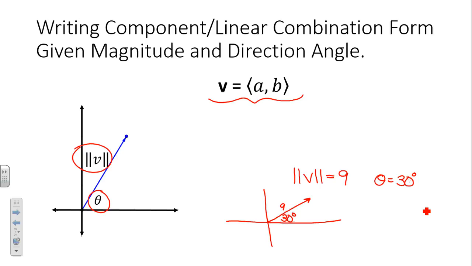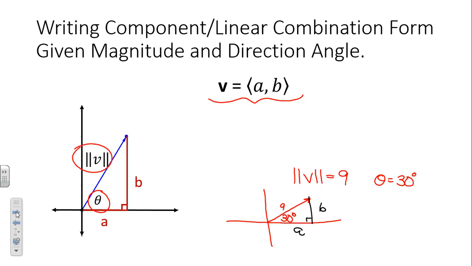So how can we figure out what this A and what this B are? Okay, good. We can do cosine and sine because this is my A and this is my B. A is the adjacent to 30.